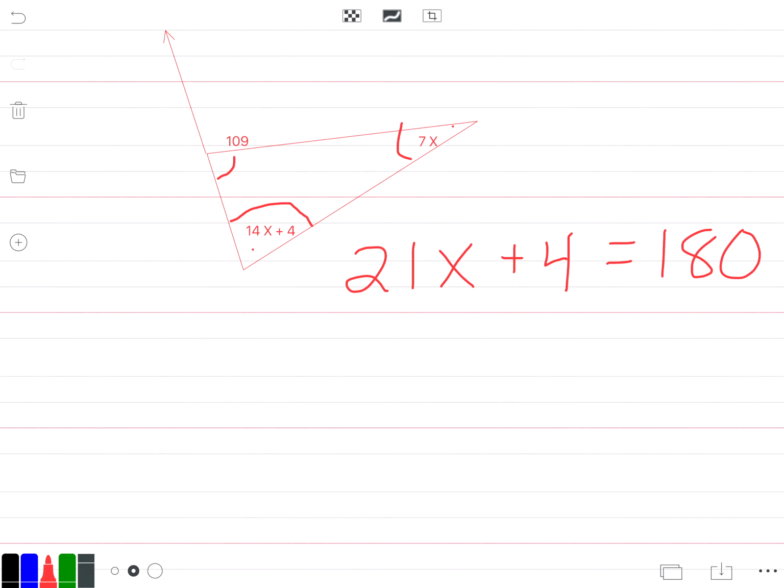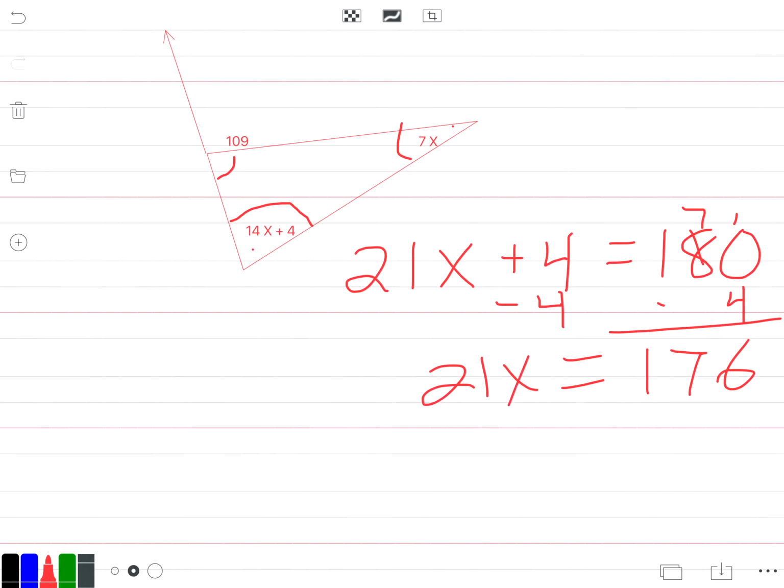So we'll solve, let's see, we got 21x. We'll take 4 away, take away 4. So 21x equals 176.